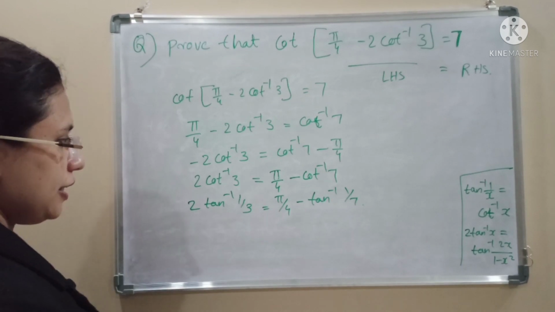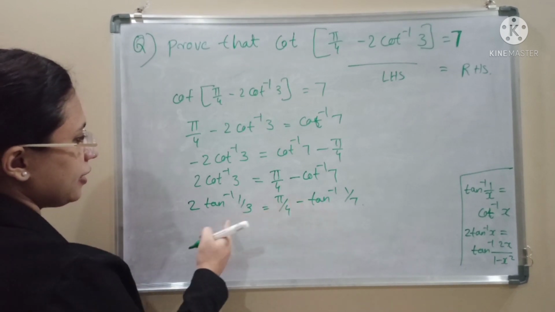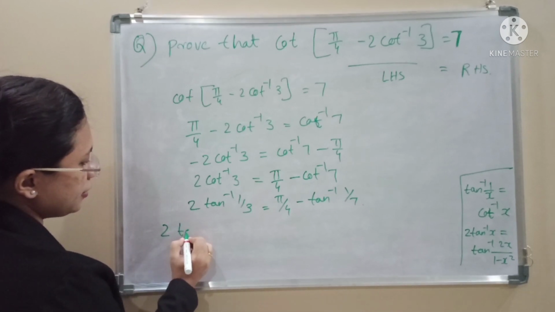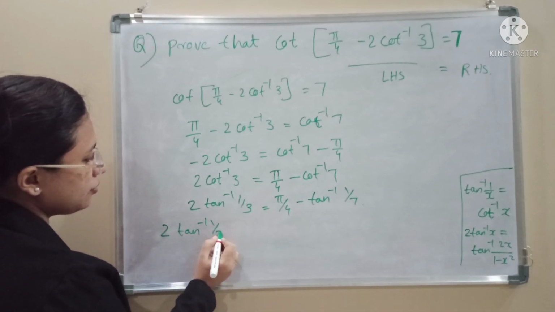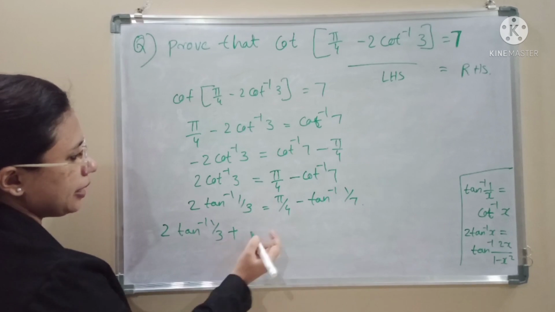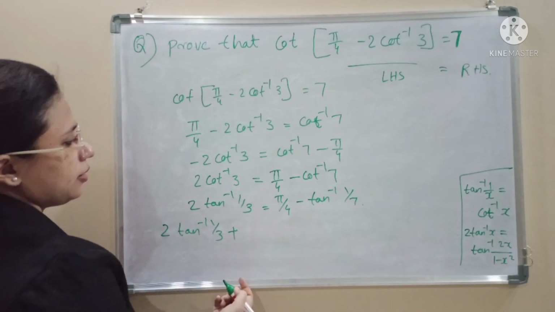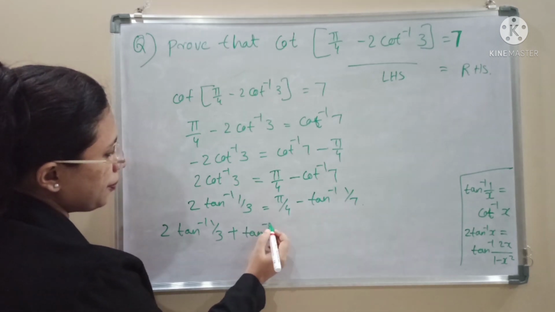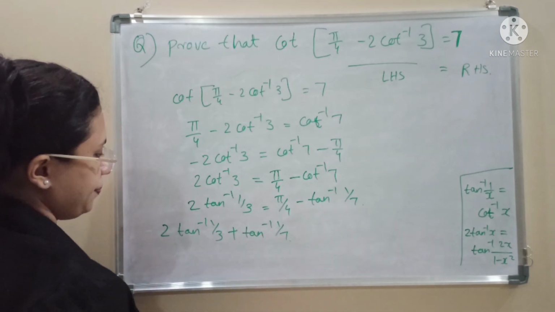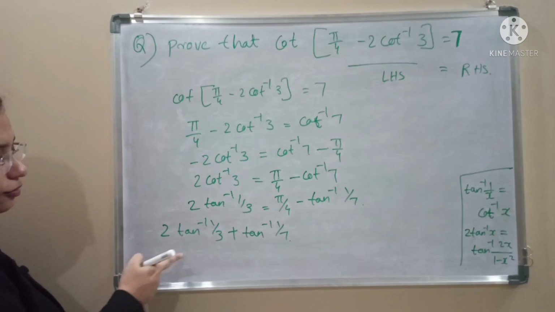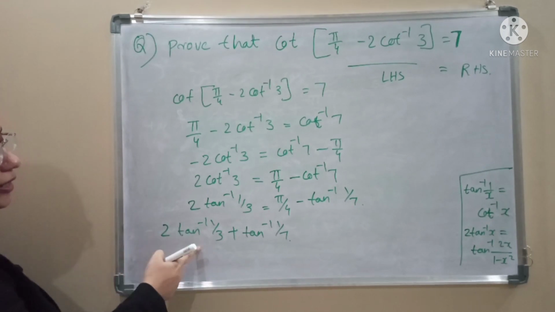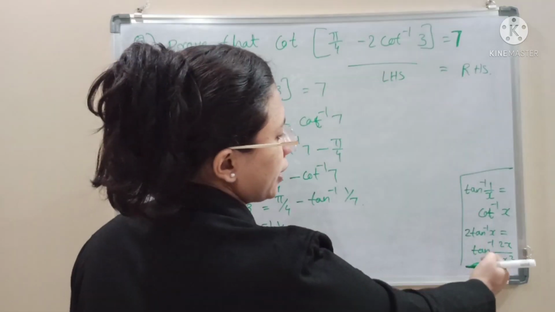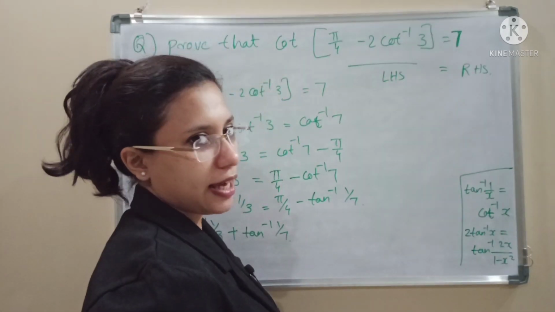Now take this tan inverse 1 by 7 this side, so the sign turned to plus: 2 tan inverse 1 by 3 plus tan inverse 1 by 7. So we have a formula for this, right? 2 tan inverse x will be tan inverse of 2x divided by 1 minus x square.